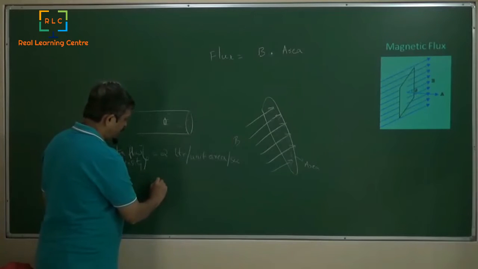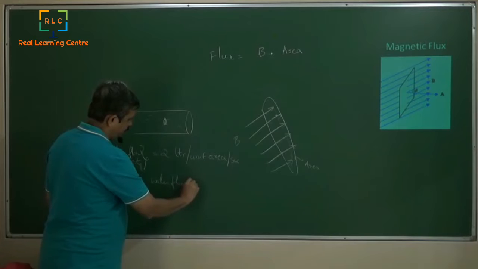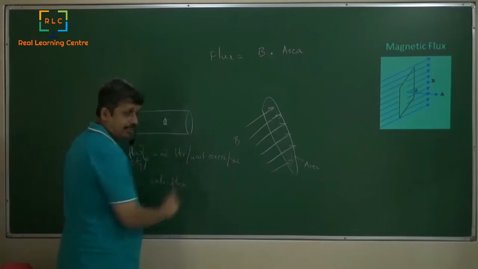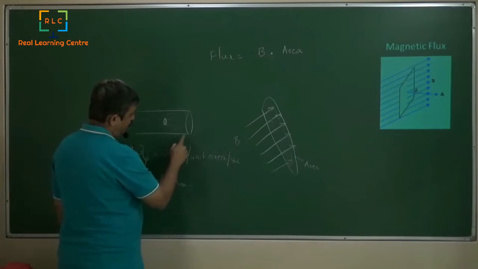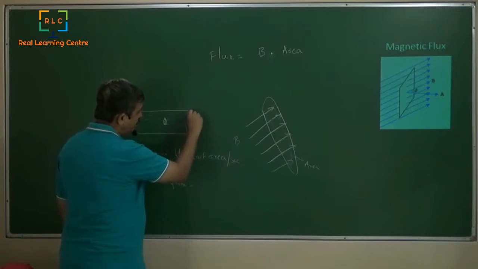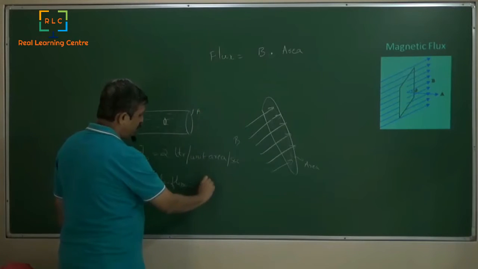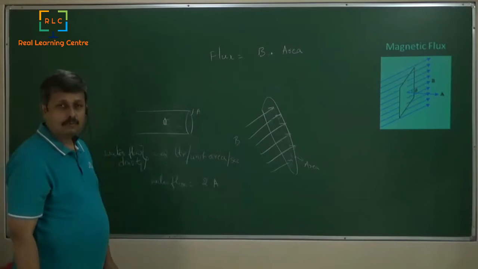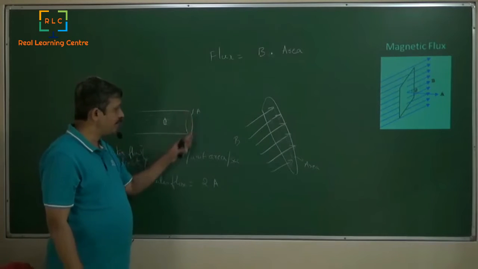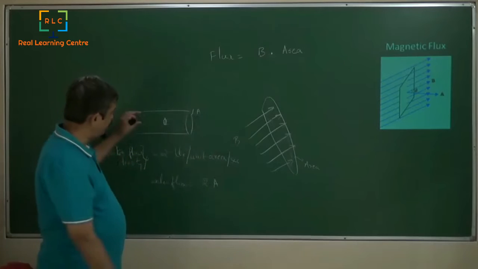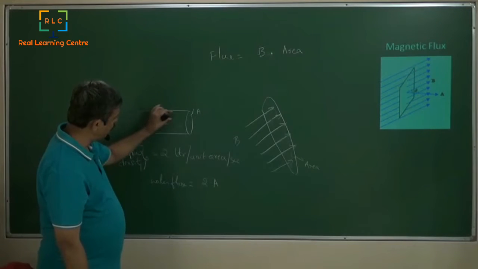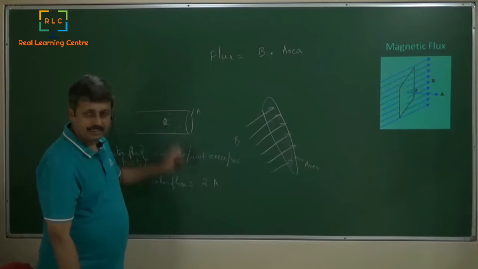Total water flux is equal to 2 liters per second per unit area. So if the total area is A, I will say 2 into A. Correct? Per unit area it is 2 liters, so for the total area it will be much more. It is like saying how many of these small volumes are there, which is what we are finding out.